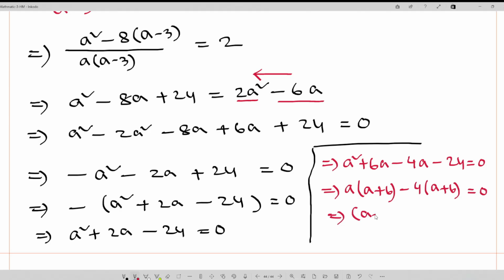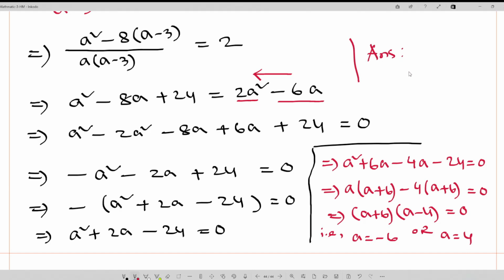So here is a plus 6 and a minus 4 equal 0. So our answer is a equals minus 6 or a equals 4. Okay, so the answer is a equals minus 6 or 4.